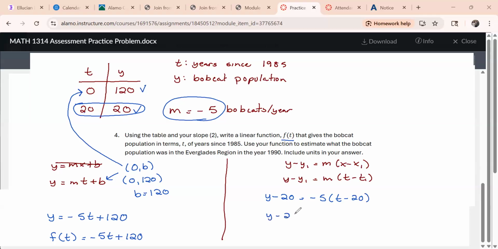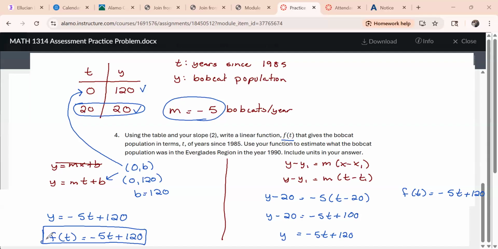So y minus 20 is equal to -5t minus 5 times minus 20 is going to be plus 100. If I add my 20 to both sides, I'm going to get y is equal to -5t plus 120 again. Or like we said, f of t is equal to -5t plus 120. Either way, you should end up with that as your answer.